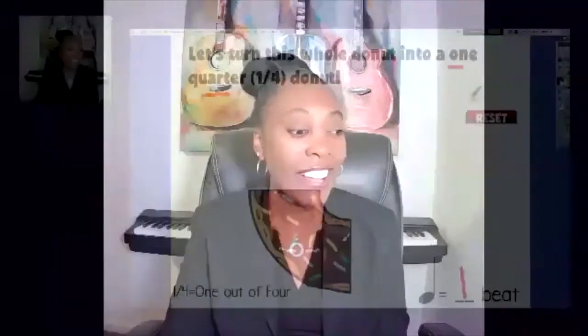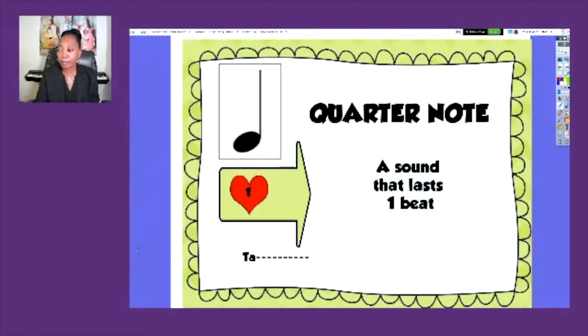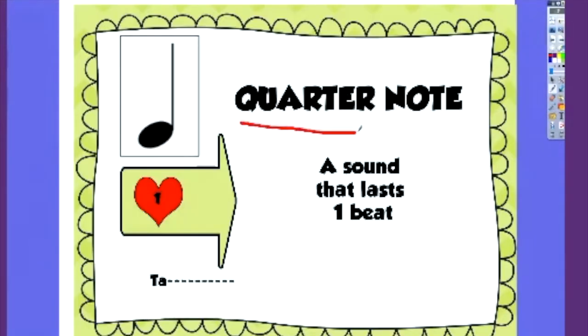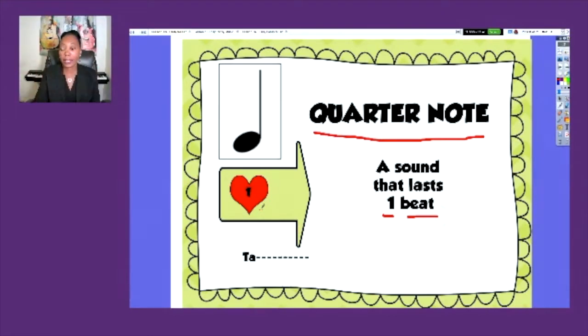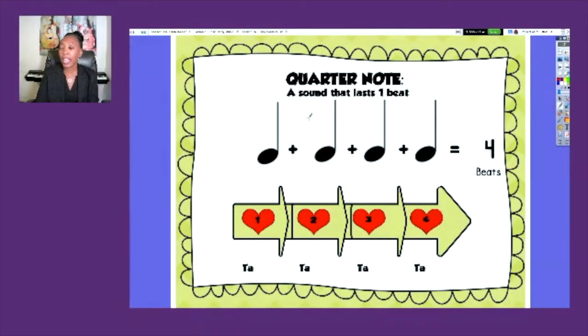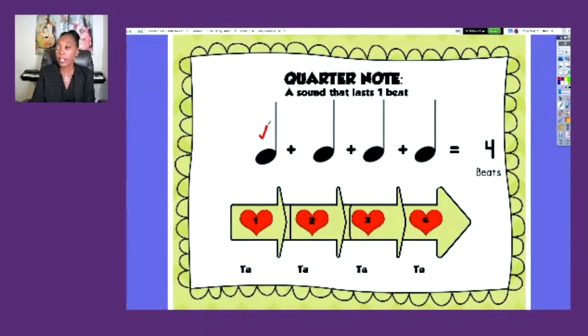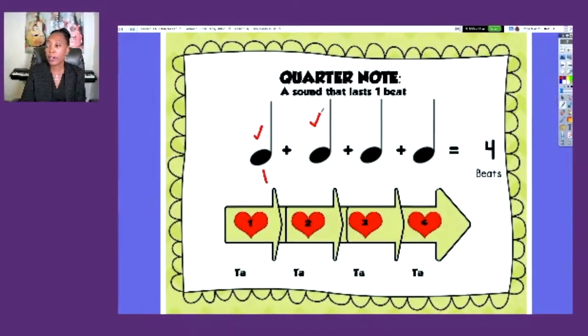Excellent job. All right. So now here is our quarter note, and it's a sound that lasts 1 beat, just like we practiced. Ta or ta. You can clap your hands. Now let's look at this one more time. What happens if we have a quarter note here? That's 1. A quarter note here.